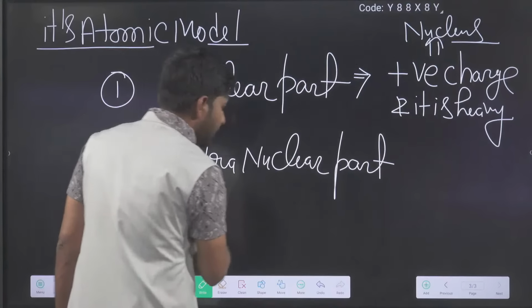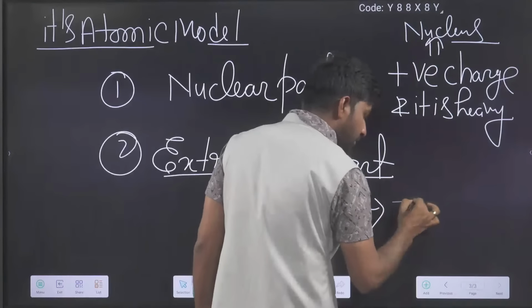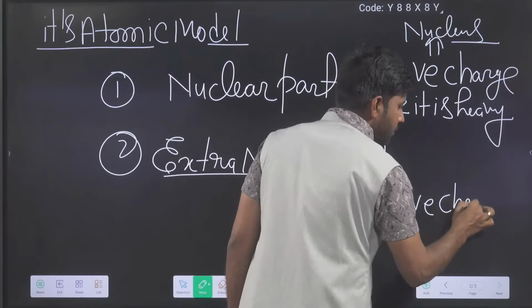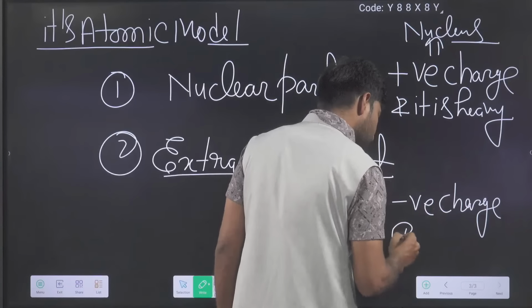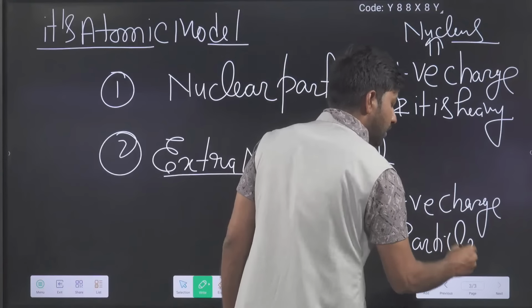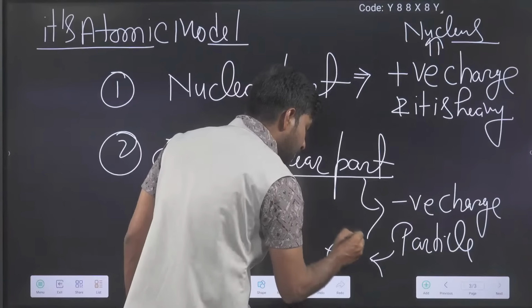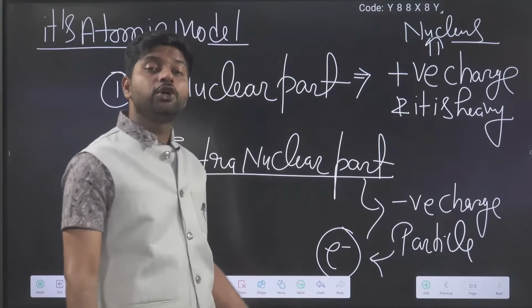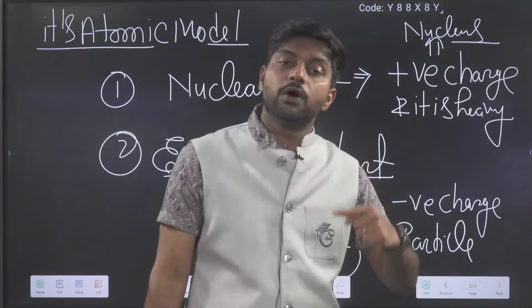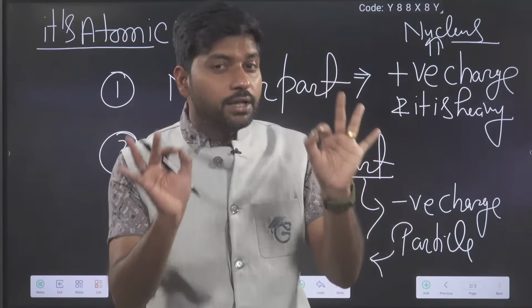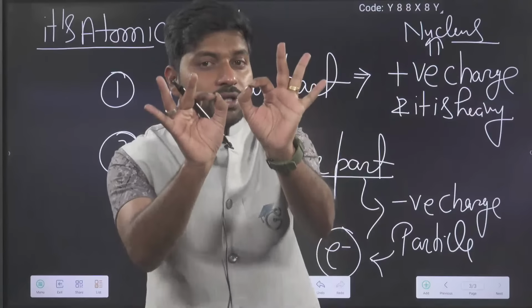And in the extra nuclear part, who is available? Negative charge particles. Who are those negative charge particles? Electrons. What are they doing? They are doing revolution. Till this, Rutherford said.